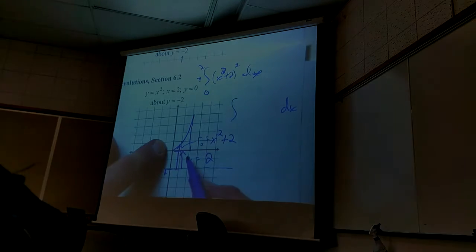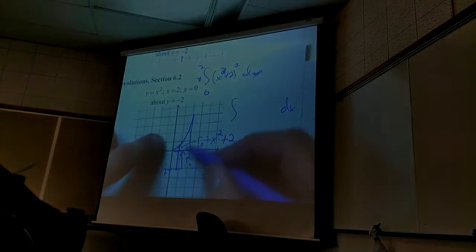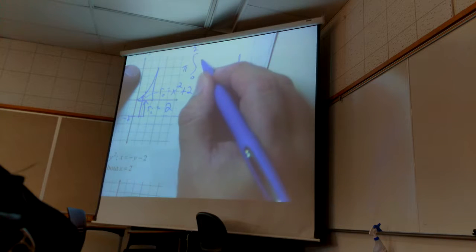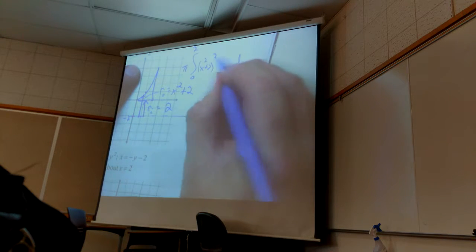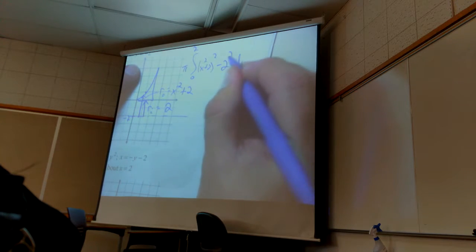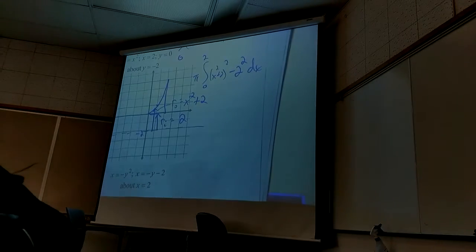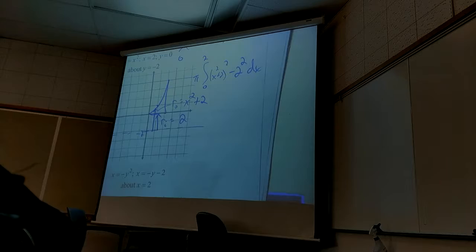But what I have to subtract off is the inner stuff. I need to make the inside empty. So really the way to set this up is outer radius squared minus inner radius squared. I got to subtract that middle stuff out. That's the cookie cutter step I was talking about earlier.